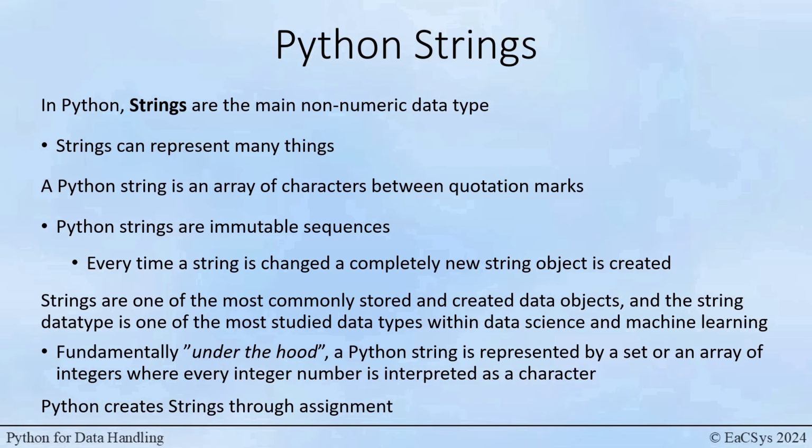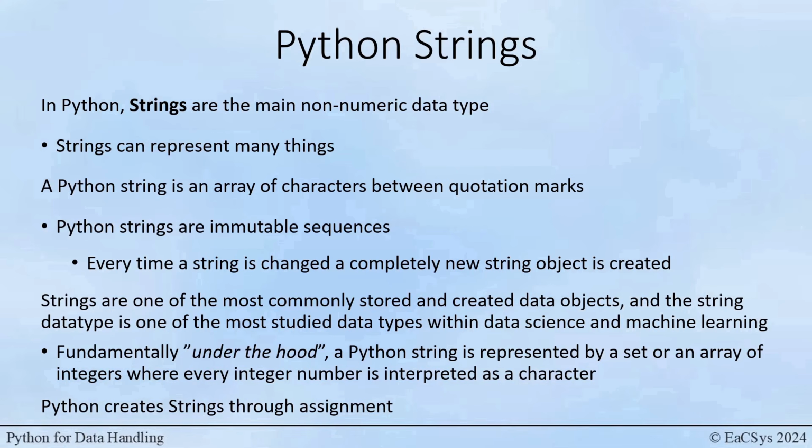Strings are a fundamental data type in Python, and strings are the main non-numeric data type in terms of what a string represents, which commonly is characters, letters, words, numbers, sentences, paragraphs, books, date times, geography, descriptions, paths, or locations in computers or data storage, or structured data can also be defined using string structures.